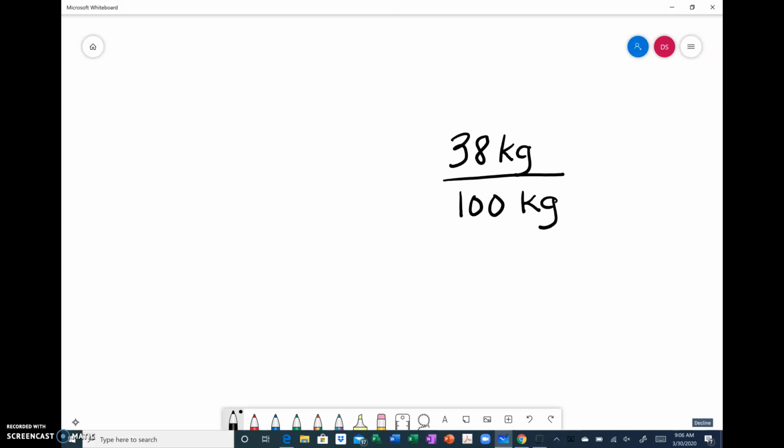All right, still reading in RenWeb, it says to use the following ratio, Earth weight over planet percentage, and I believe I have that flipped here on my board. For example, Mercury's weight is 38% of Earth's, or for every 100 kilograms on Earth, Mercury is 38 kilograms. Now, you can do it either way.